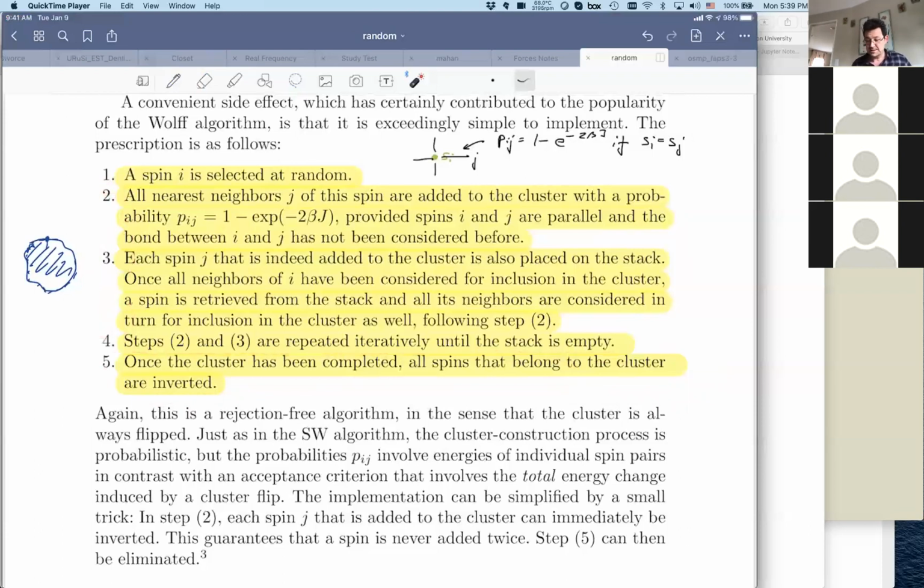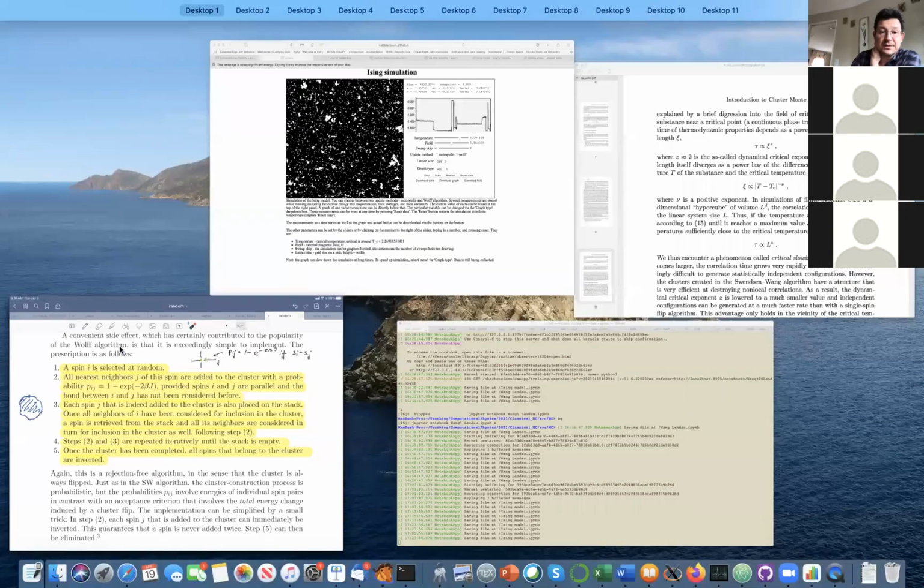You see, this algorithm is so simple that you could easily modify the existing code to do the Wolff algorithm. And what we should see is that this algorithm needs a way shorter time to equilibrate or to calculate specific heat.